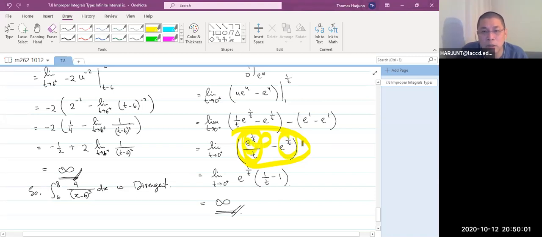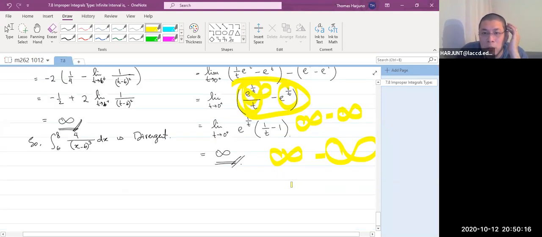This one also infinity. Infinity minus infinity is unknown. You may have a smaller infinity minus a larger infinity. The difference will be not so large, negative infinity anymore. The thing is, we don't know which infinity is larger.